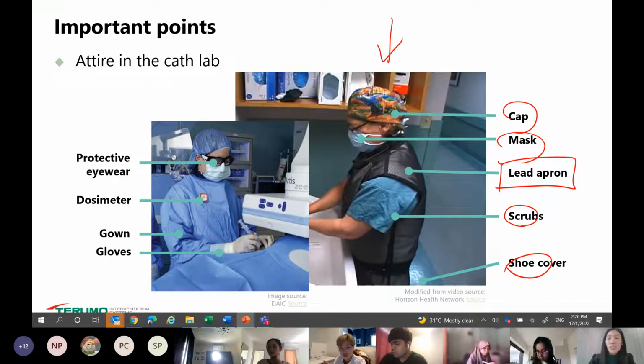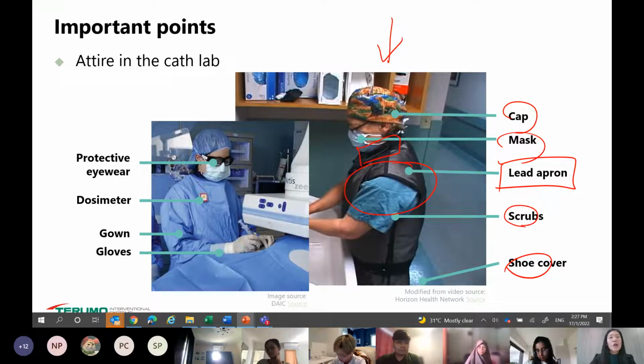As I mentioned, there's actually radiation in the cath lab. So this apron is very important attire because it's made of lead. It reduces the radiation that penetrates the core parts of your body. Typically, when you wear this apron, you will wear it at your neck and your body, and especially at your heart.